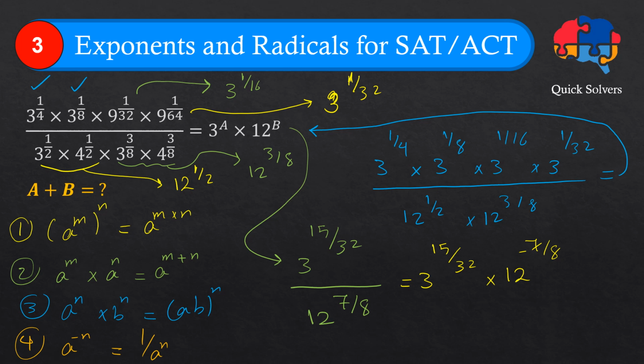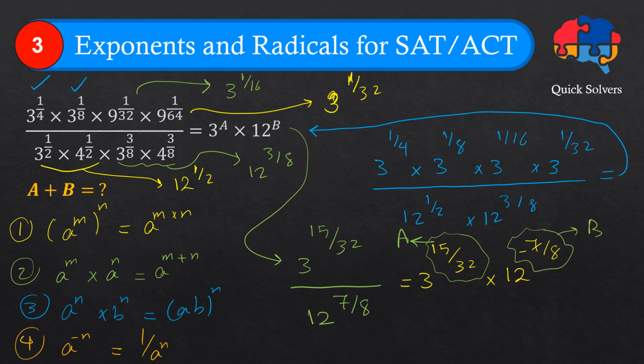Okay, now this is exactly what we were looking for. We were looking for something in the format of 3 to the power of a times 12 to the power of b. That means this 15 over 32 is a and b is minus 7 over 8. So this is a and this is b.